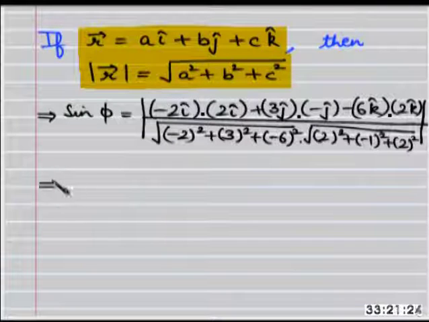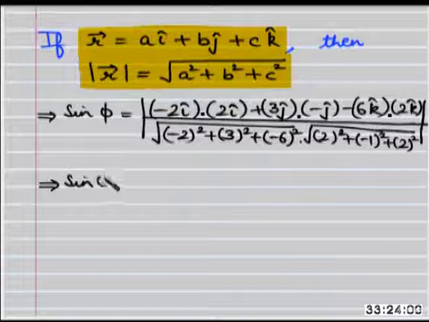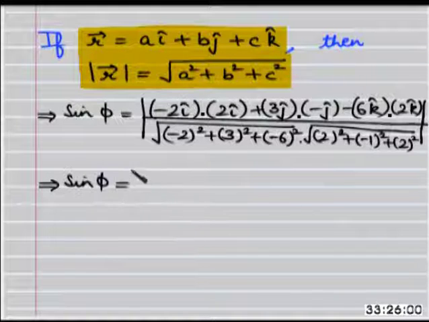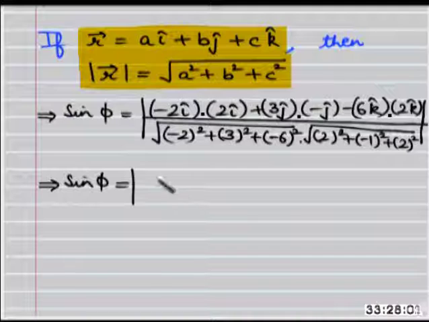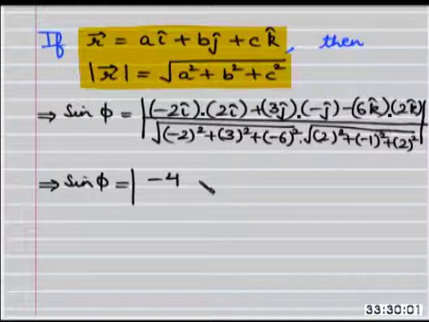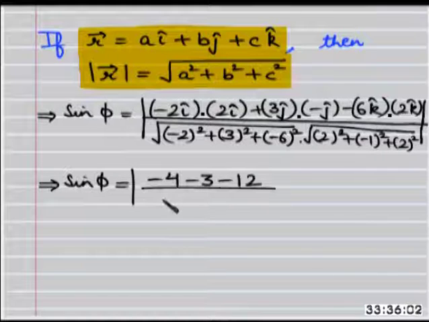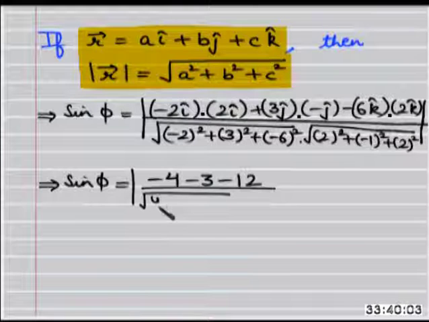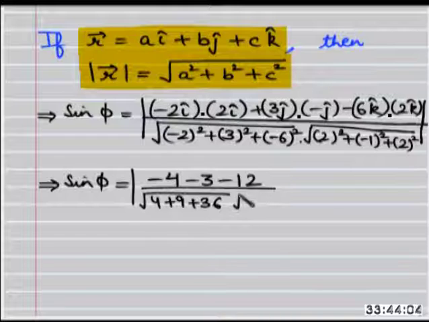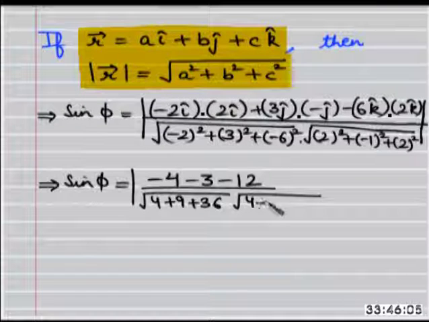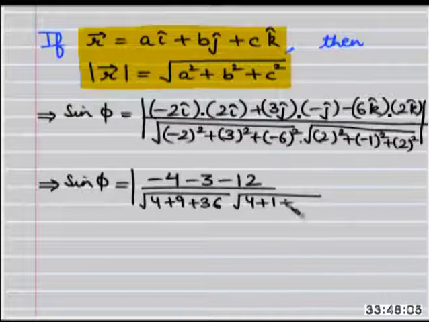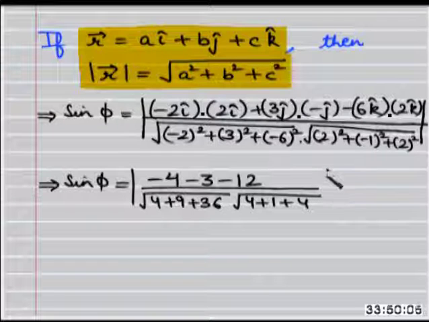This further implies sin phi is equal to modulus of minus 4 minus 3 minus 12 whole divided by square root of 4 plus 9 plus 36 into square root of 4 plus 1 plus 4.